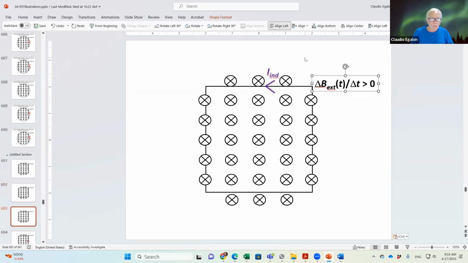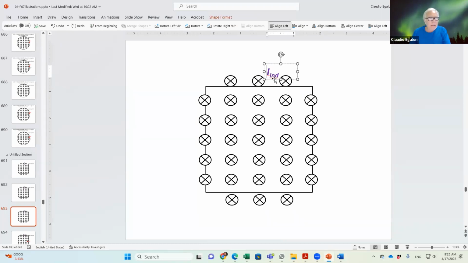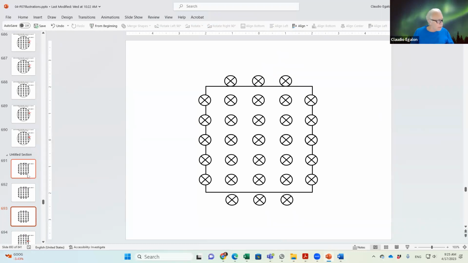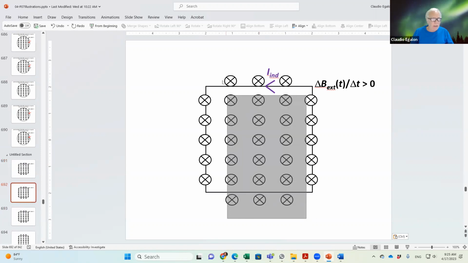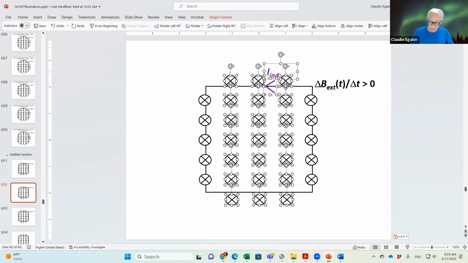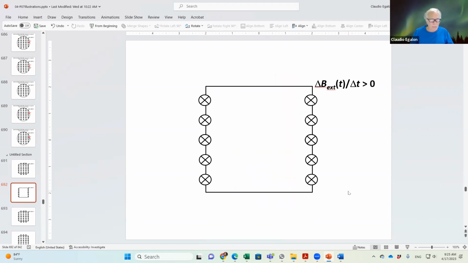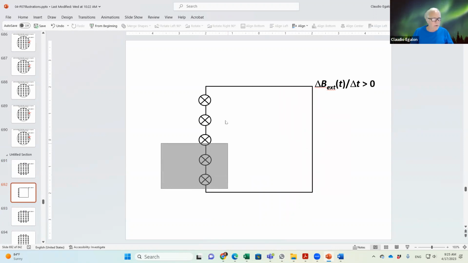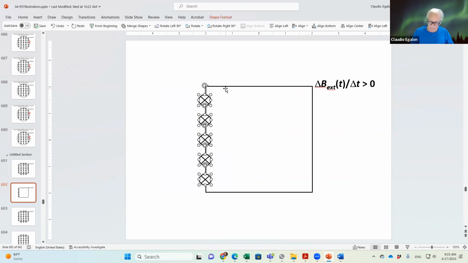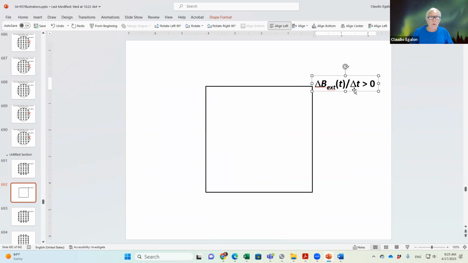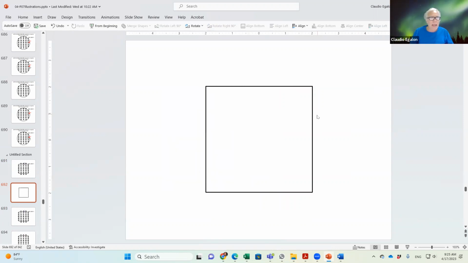So let's start with the region first, that we have a magnetic field. I want to dash it.